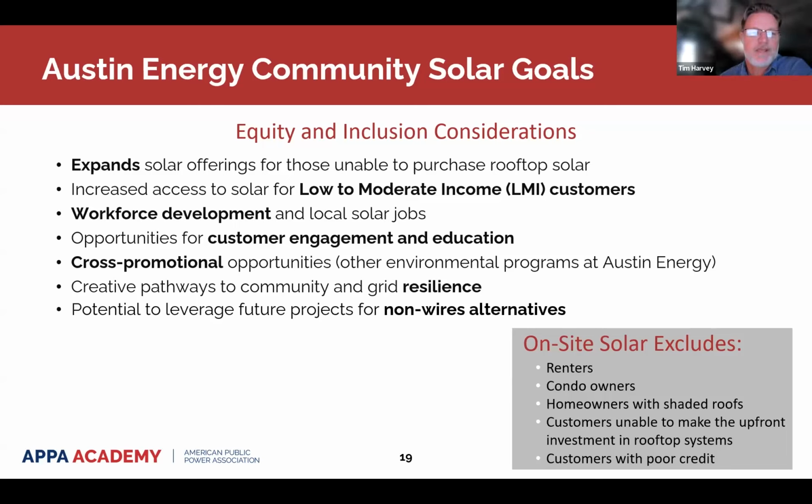And then, we try to leverage projects as possible for non-wires alternatives. If you're not familiar with that approach, basically non-wires alternatives is where you identify areas of load growth and grid constraint in your distribution grid, and you can strategically locate solar and battery projects to help offset the need for future expansion of our grid capacity.